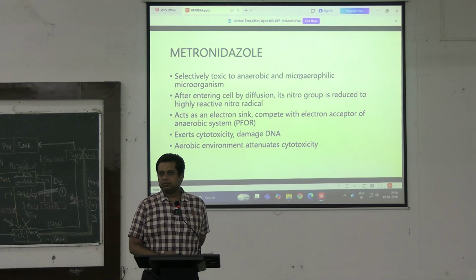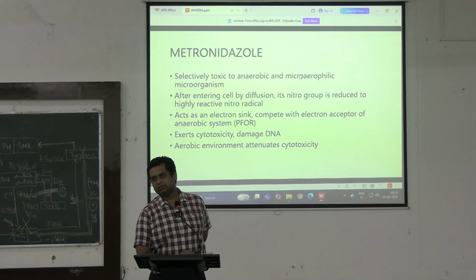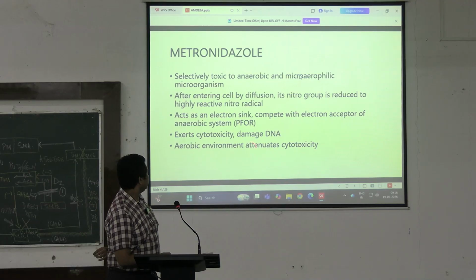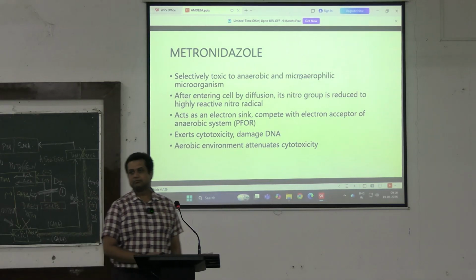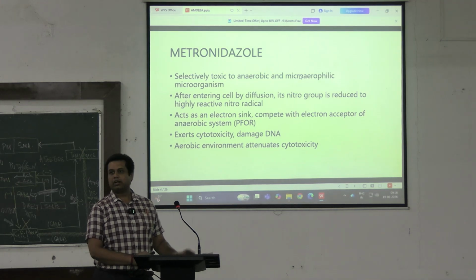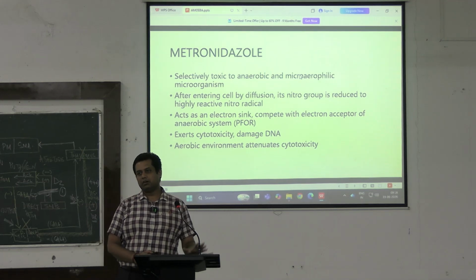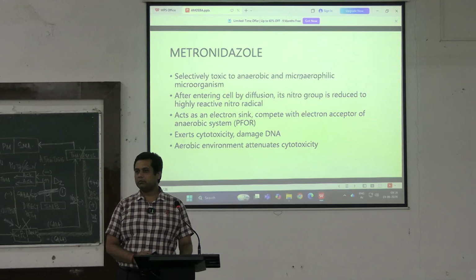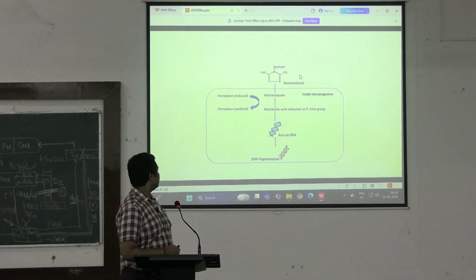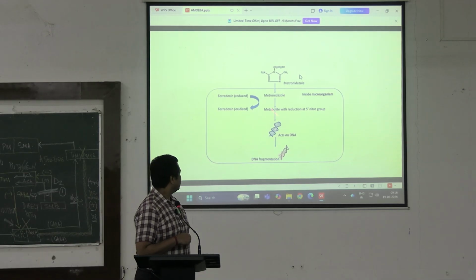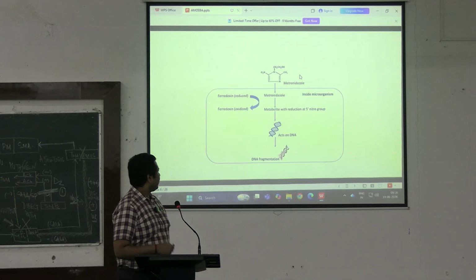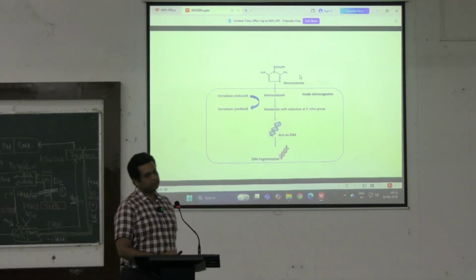Did you understand? So an aerobic environment attenuates cytotoxicity. It requires an anaerobic or microaerophilic environment for action. The same thing: there is diffusion of metronidazole, this active metabolite, which then acts on DNA, causing cytotoxicity.